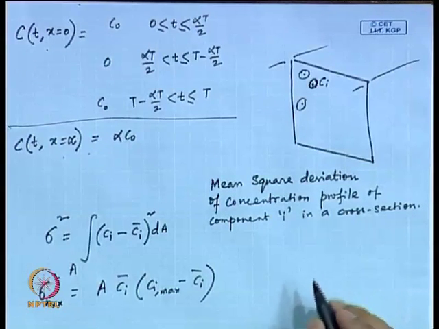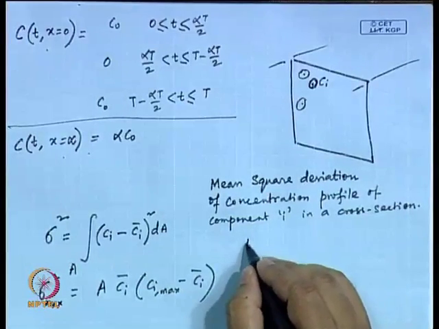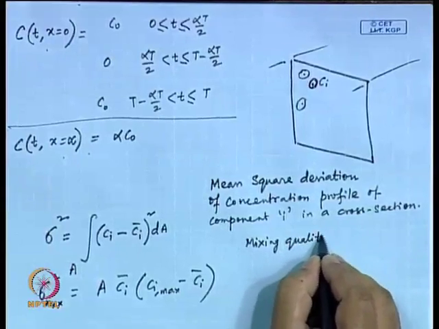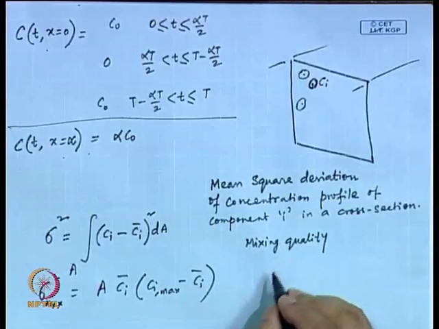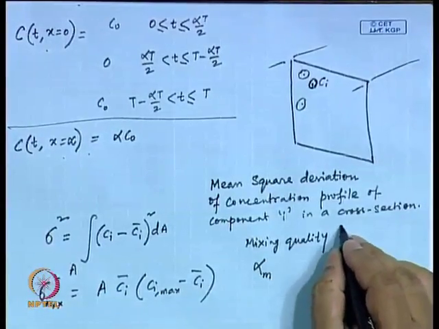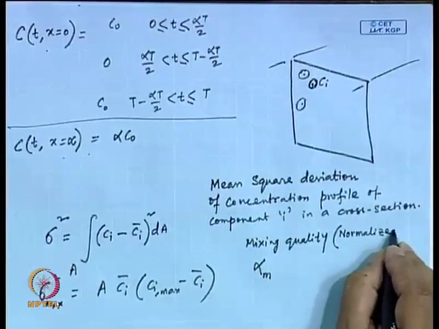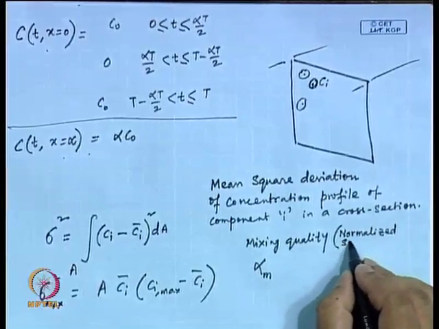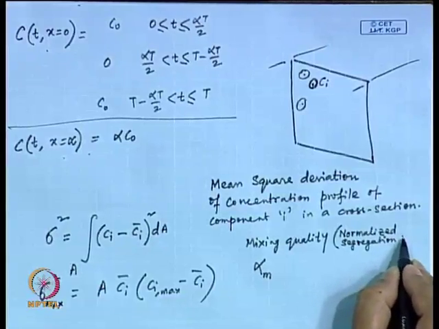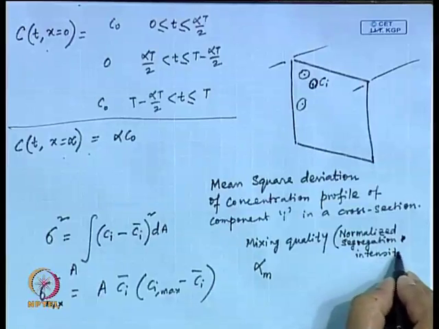Now, you are writing something called mixing quality as alpha m. There is another name, in some places it is referred to as normalized segregation intensity.